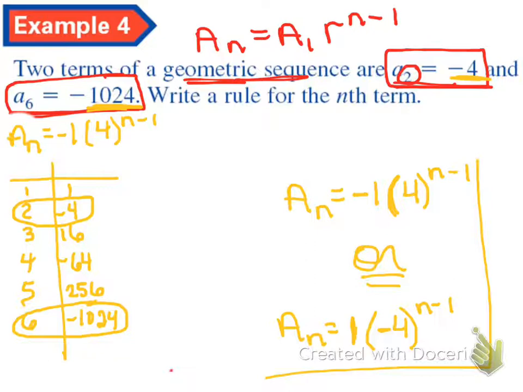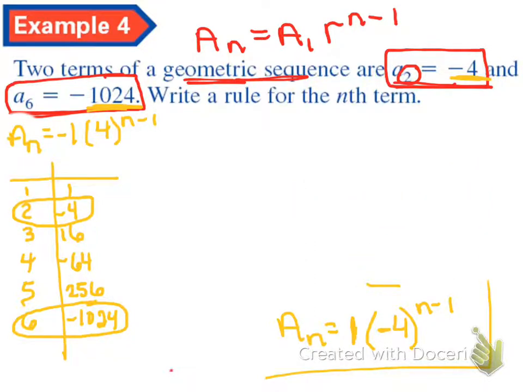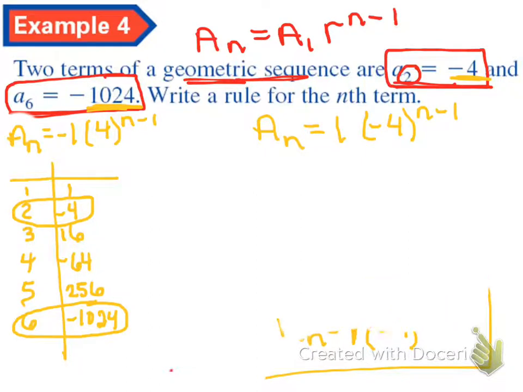Let's take the other rule. The rule that said that any term would be equal to positive 1 times negative 4 to the n minus 1 power. Again, using the calculators and doing a table of values, let's again go from the first term to the sixth term.